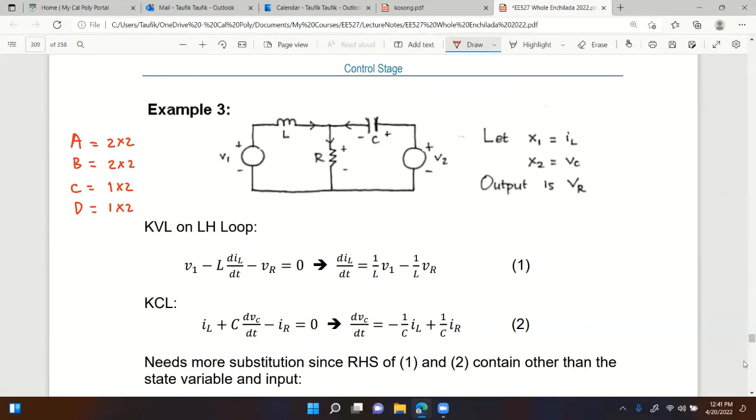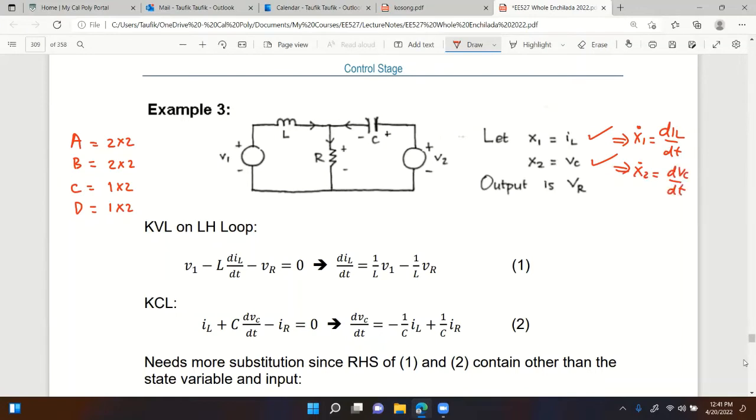Okay. Let's choose our x1 to be IL and our x2 to be VC. You don't have to choose this way, but for my answer, I choose x1 to be IL, x2 to be VC. Therefore, x1 dot would be dIL dt, and x2 dot would be dVC dt.